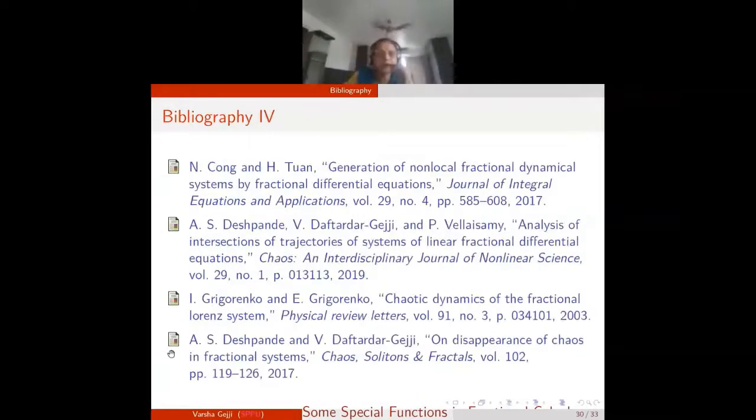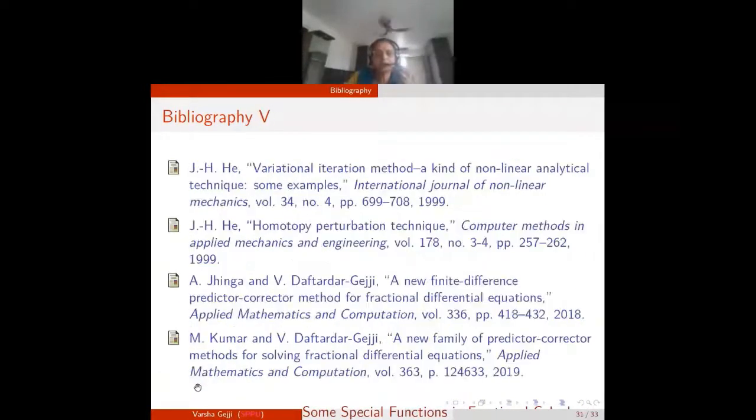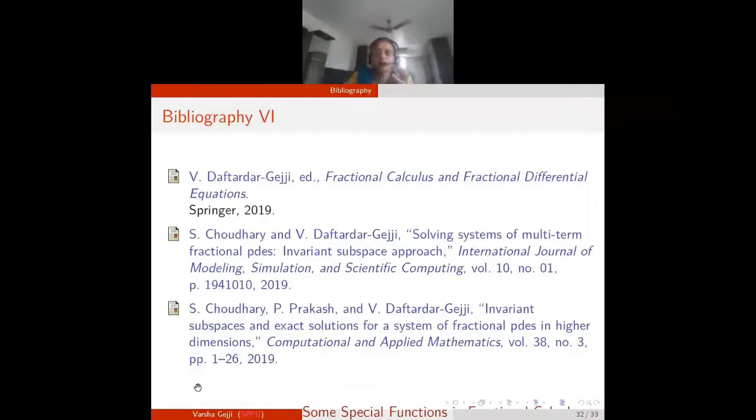While doing numerical work, some interesting analytical methods are found and interesting analytical solutions we could observe, and so on. So here I have given this little bibliography, where I have enlisted some important papers. There are other methods also, such as homotopy perturbation techniques, variational iteration techniques, Sumudu transform methods, and others.